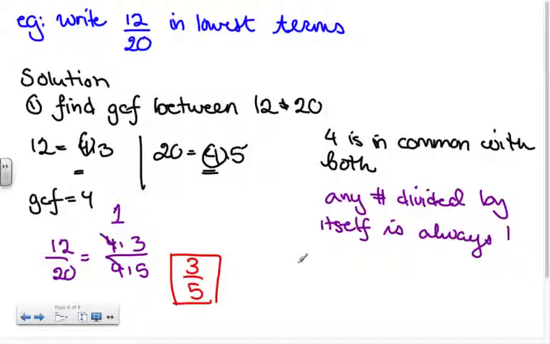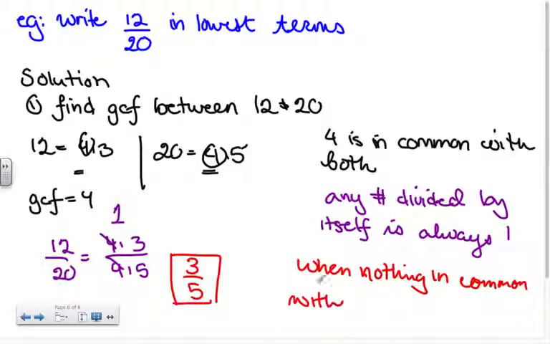It's in lowest terms when there's nothing in common with the top or the bottom, with the numerator or the denominator. Got it?